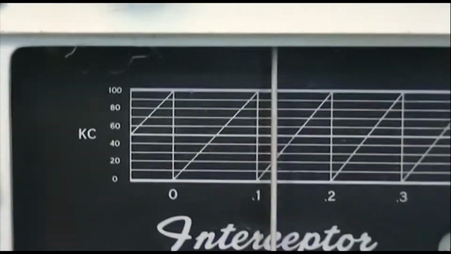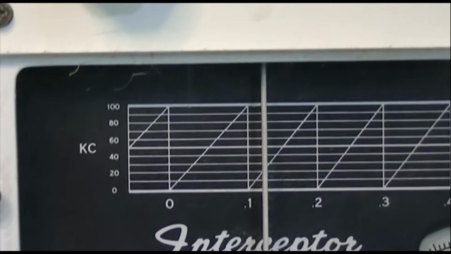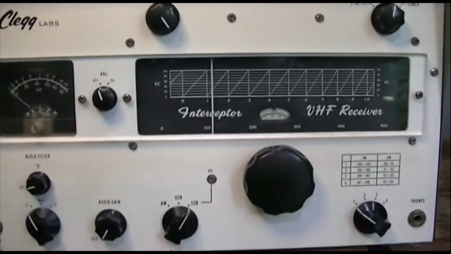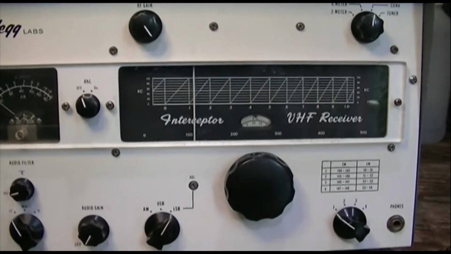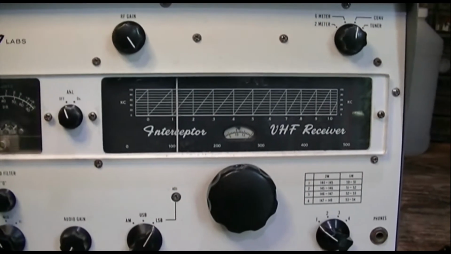So anyway, that is how it works. It's a little bit old-fashioned. It's a lot old-fashioned. AM might have been the predominant mode. In fact, it was the predominant mode in 1962, 64.